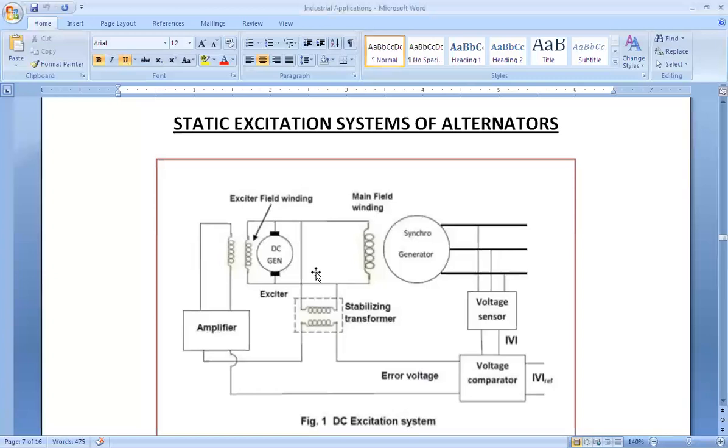So this is a simple DC excitation system using mechanical devices as well as an electrical motor. But instead of this mechanical device, this electrical generator, we can connect the phase control rectifier to get a constant or variable DC voltage for controlling the other parameters.